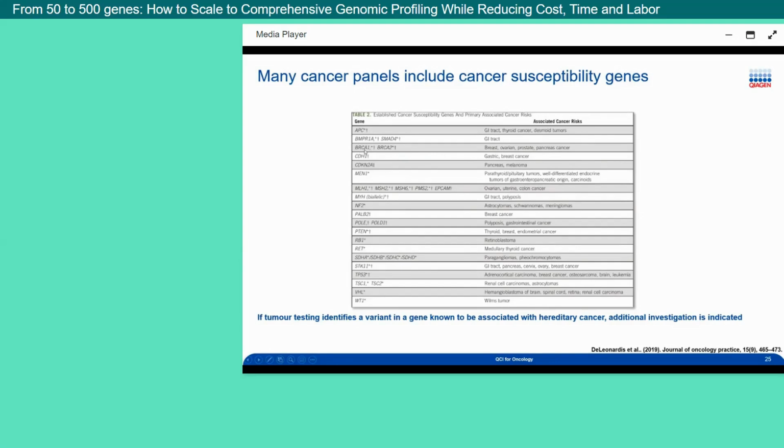So, for example, a BRCA1 germline pathogenic variant in an on-tumor setting, such as breast or ovarian cancer, may influence the choice of chemotherapy, eligibility for targeted agents such as PARP inhibitors, and/or primary surgical management.